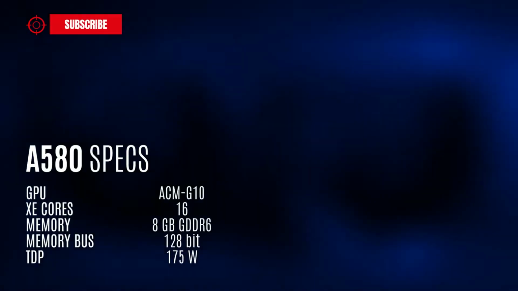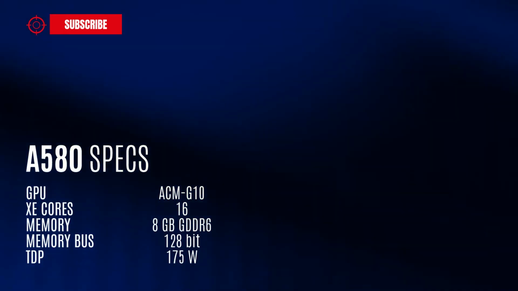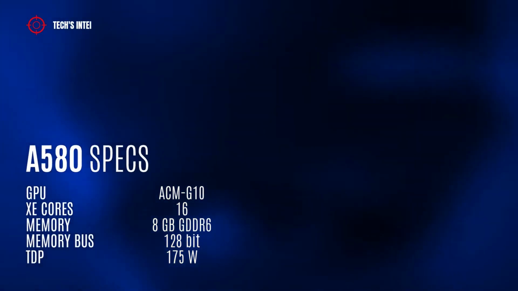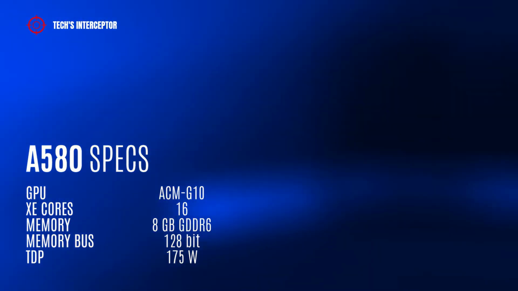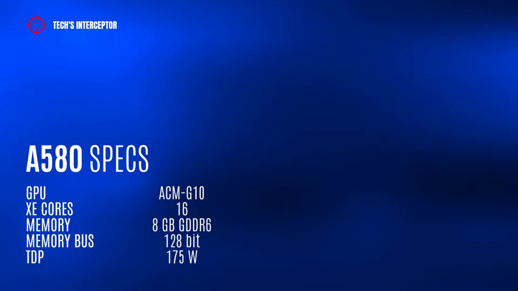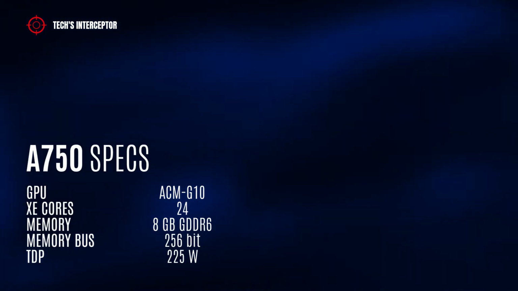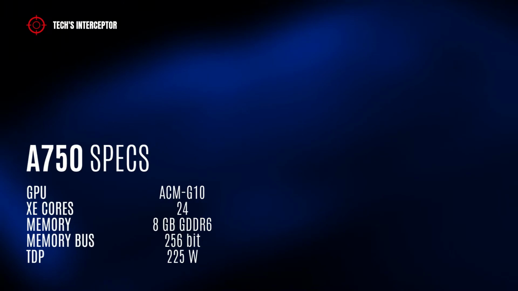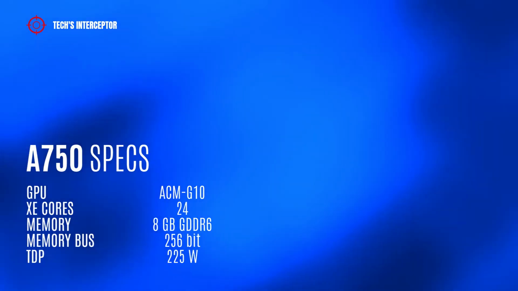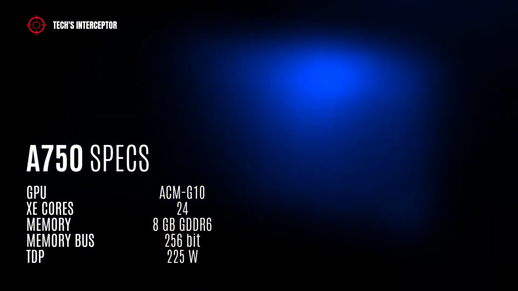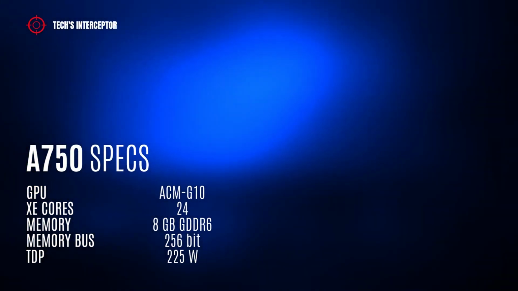For the rest of the series, we only know that the A580 should have the ACM G10 GPU, 16 Xe cores, 8 GB of GDDR6 memory, 128-bit memory bus and 175 watts of TDP. The A750 card should present the ACM G10 GPU, 24 Xe cores, 8 GB of GDDR6 memory, 256-bit memory bus and a TDP of 225 watts.